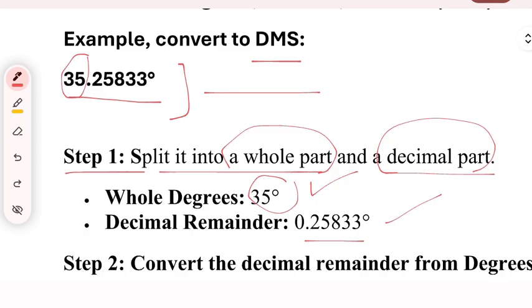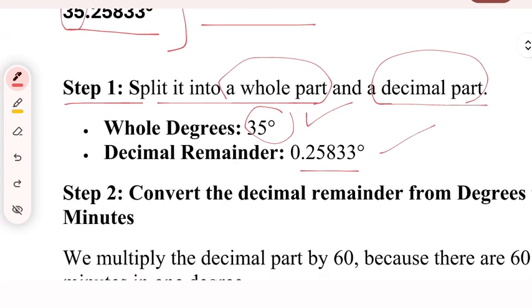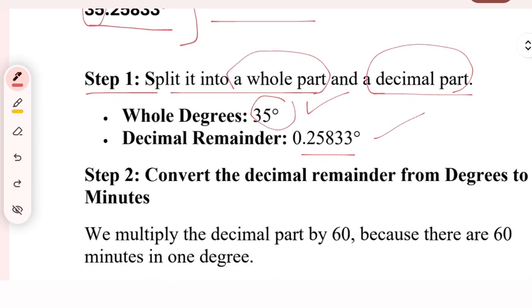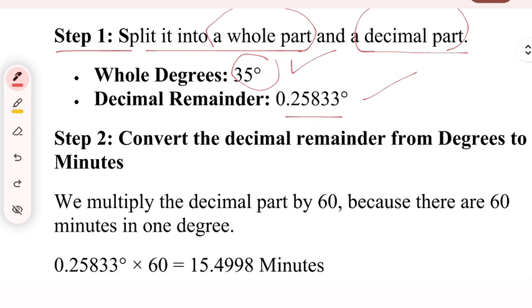Both are still in degrees, but one is whole, the other is the decimal part. What we will do is convert the decimal first from degrees to minutes. We will not touch the 35 degrees. We will work on the remainder.